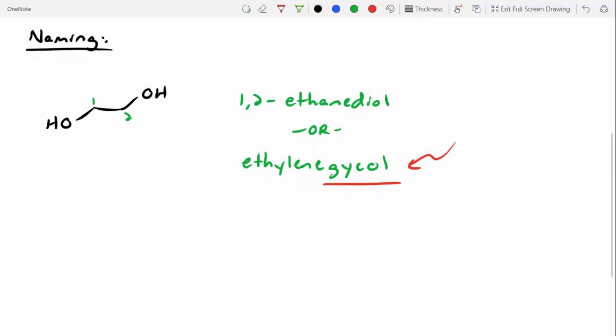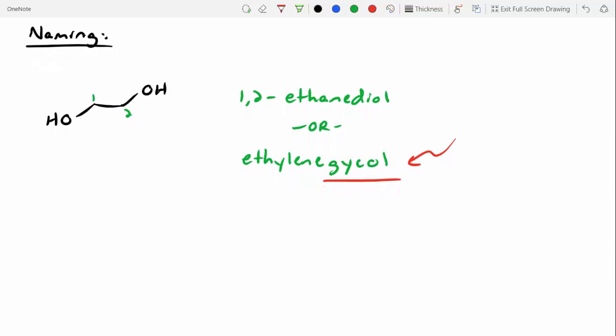I actually saw this on a chemical forum on the internet the other day. People were like, why are they using the ene suffix if it's an alkane? It's an important question. So if you look at ethylene or methylene, what it's really in reference to is a CH2 group between two things. So it's ethylene because it's between two things. Methylene would just be a CH2 by itself in between two substituents.